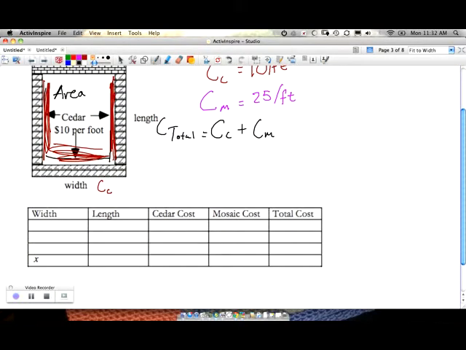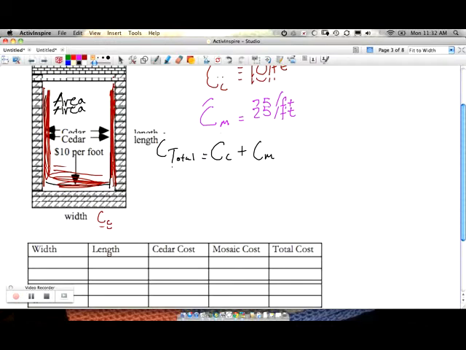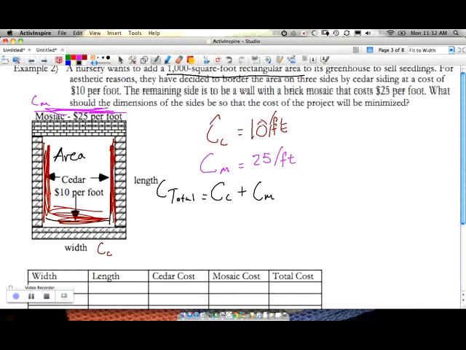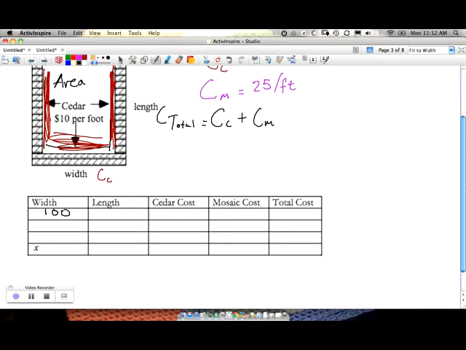x. So let's say our width right here is, I don't know, 10. Can we do 10? Sure, we could do 10. So if this is 10, not 100, but 10, then that means the area equals the length times the width, which is really 1,000 because it's 1,000 square feet.